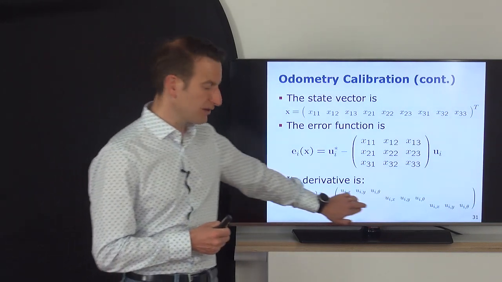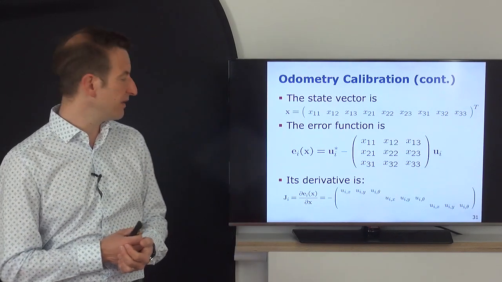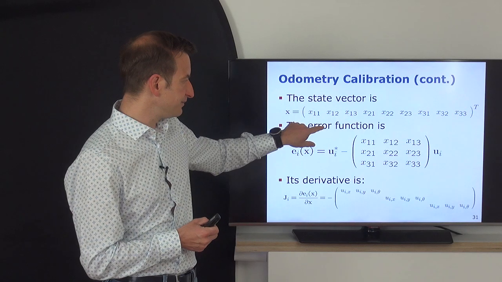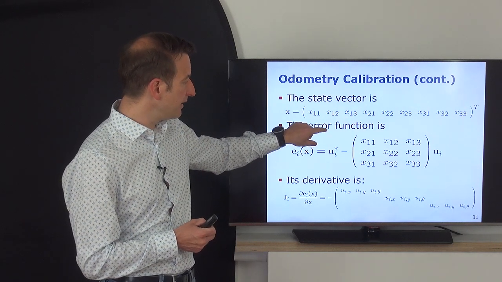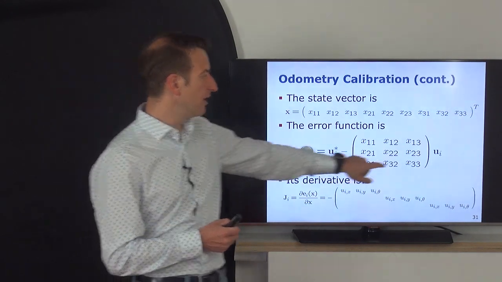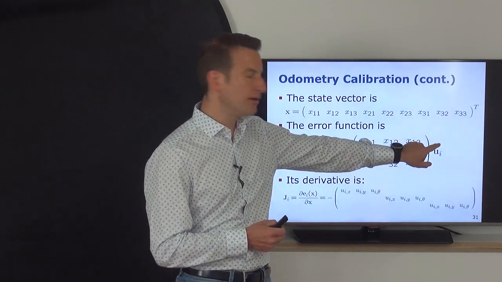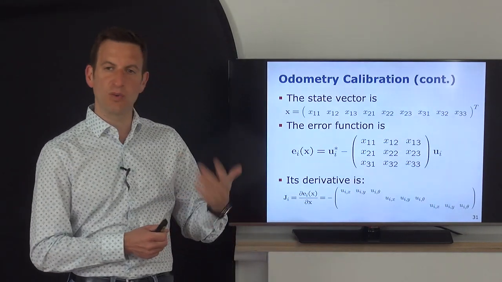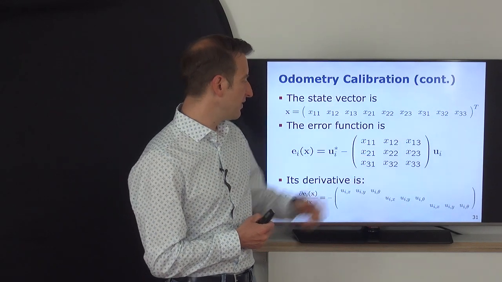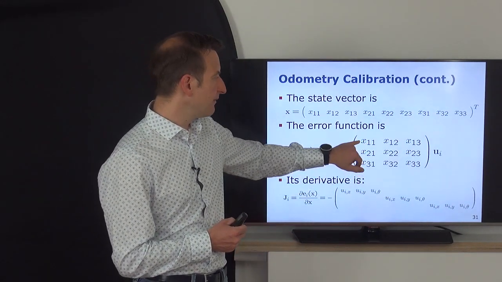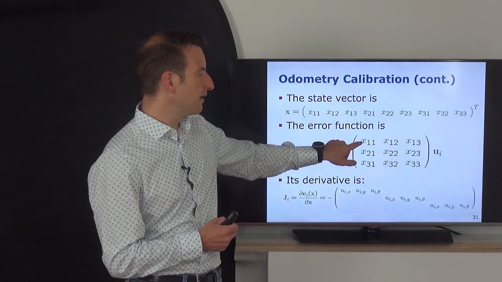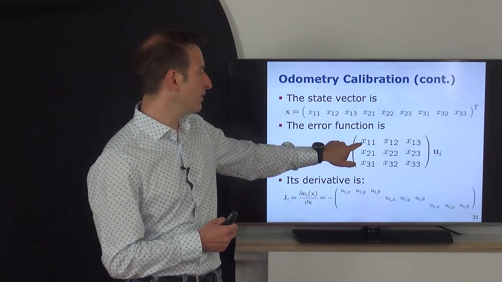Everything where nothing is written here means that there are 0 elements. This term is my vector, my ui star, which is constant. I'm multiplying this ui, with respect to x, y, and theta in the 2D case, with this matrix over here.